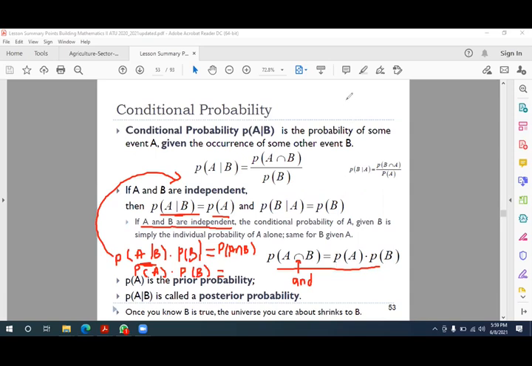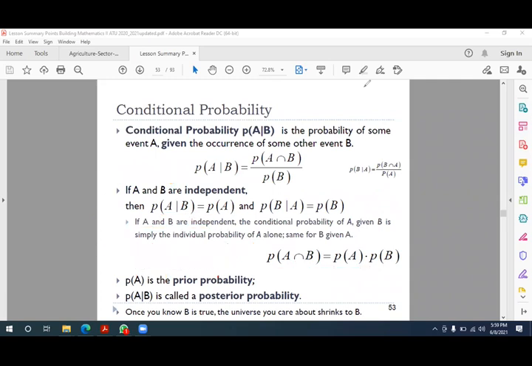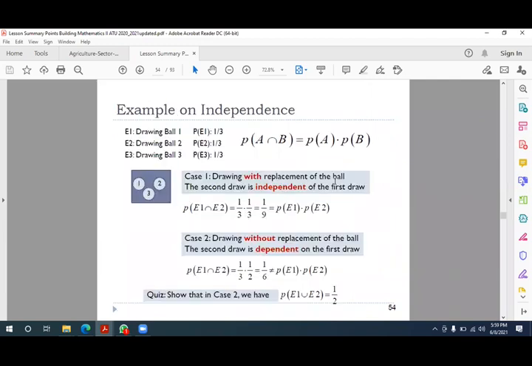But first, let's take an example to demonstrate what we have just said. We have an example here, which will help us to understand the concept of independence. And then thereafter, we also look at the conditional probability, which we looked at. So here we have three balls in the box, 1, 2, 3.